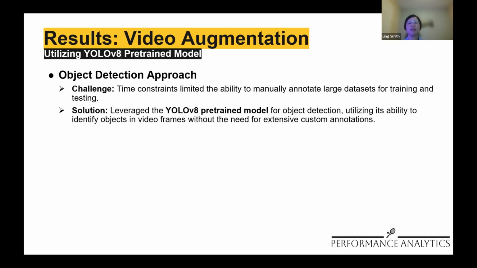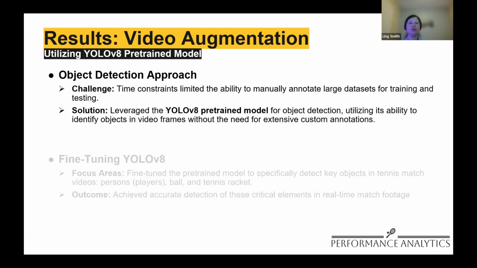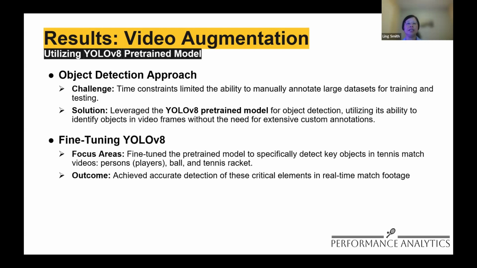But this pre-trained model is just a general object detection model, so it's not designed for tennis match analysis. So we fine-tuned the YOLO V8 pre-trained model to detect the key objects in the tennis video, which include the players, the ball, and the tennis racket.